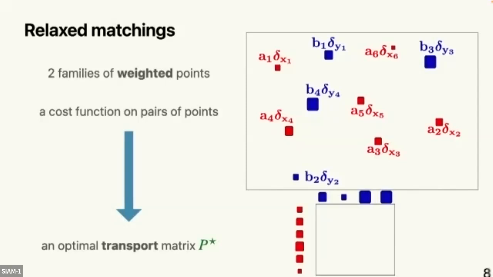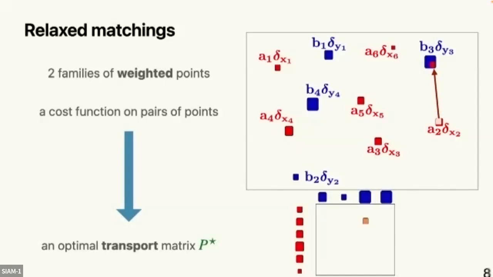So imagine, for instance, I start with this point x2, and I take a chunk of the mass of x2. This is a quantity that is a bit smaller than the weight A2 that was assigned to that point.